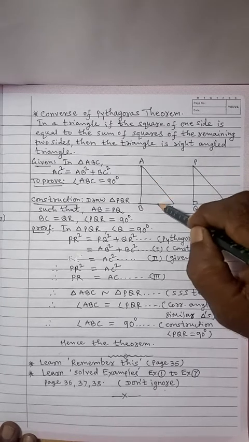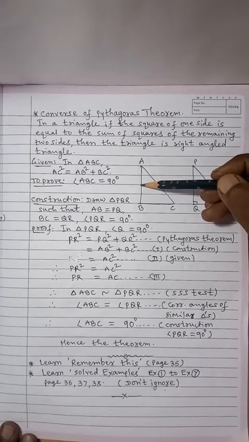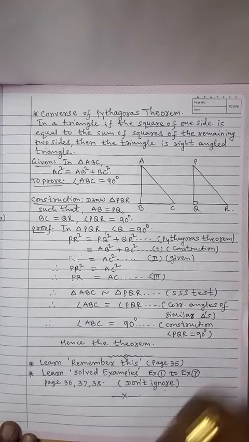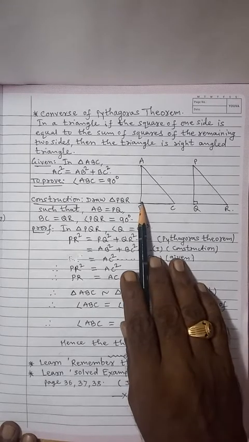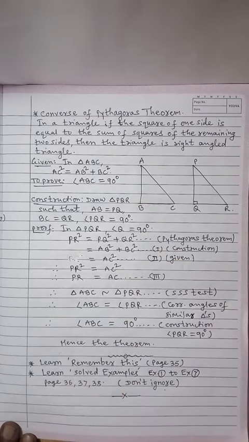If we get like this, what? AC square is equal to AB square plus BC square, then this triangle is a right angled triangle. That is, angle ABC is 90 degrees. This result we have to prove, and this is the converse of Pythagoras theorem.